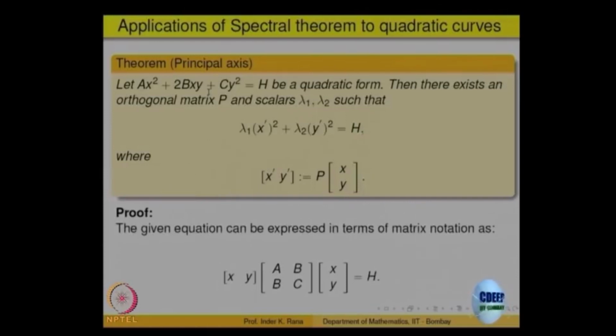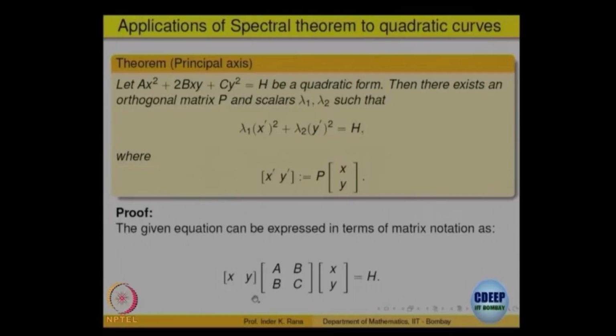Then what is this? It is just this equation. The row vector (x y) applied to the matrix with rows (a b) and (b c) and the column vector (x y). What is this product? This is precisely ax² + 2bxy + cy², right, and that is equal to h.